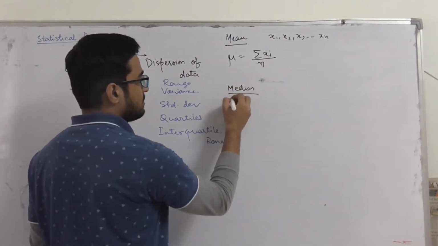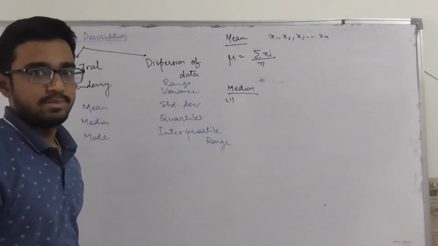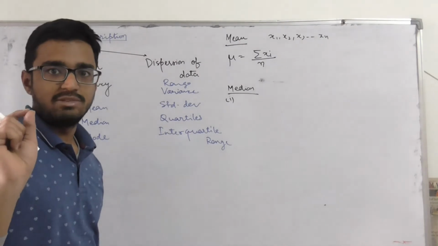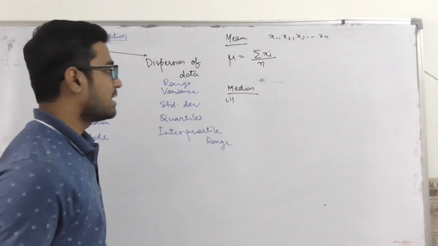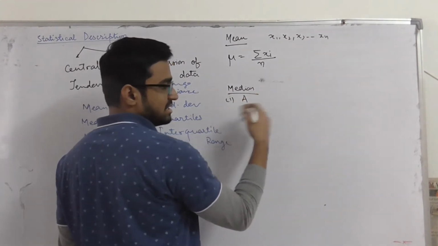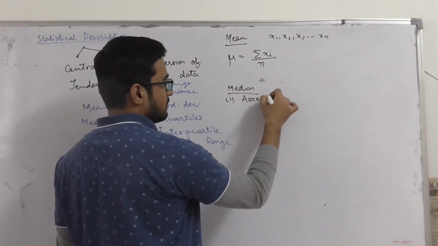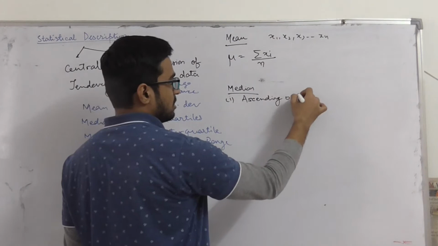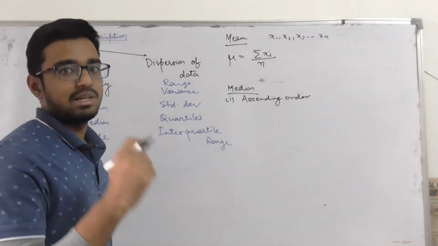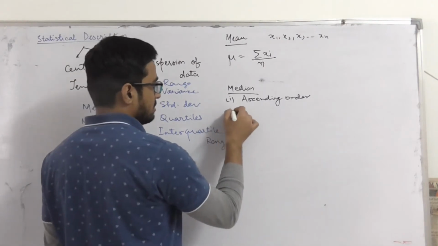Then we have the median, which is the middle value of the entire data. To calculate the median, first we arrange the data in ascending order, and then we see the middle element or the central element of the distribution.